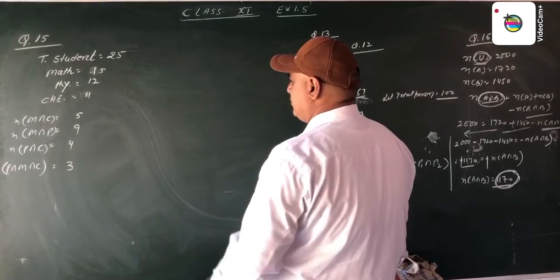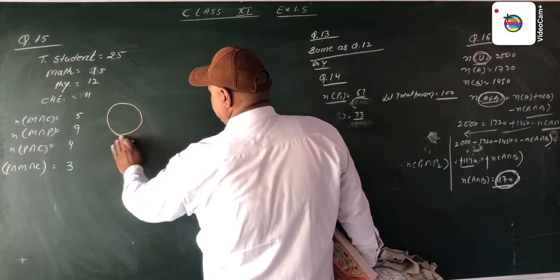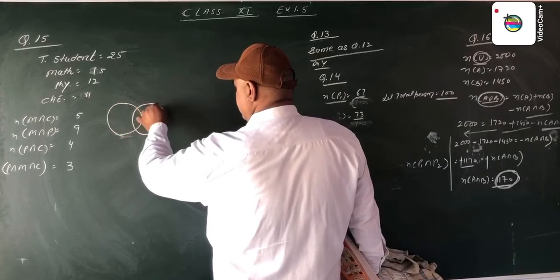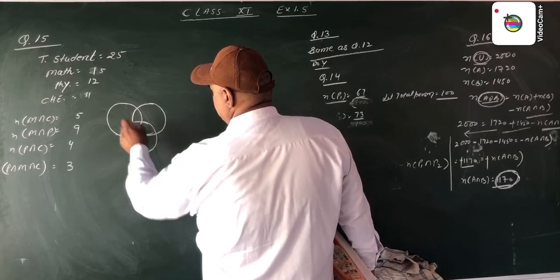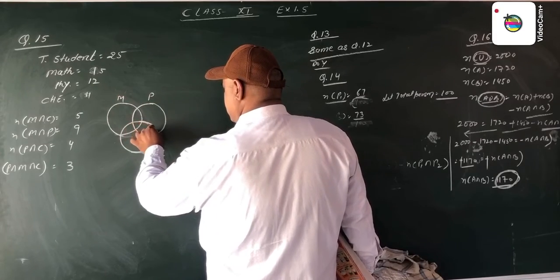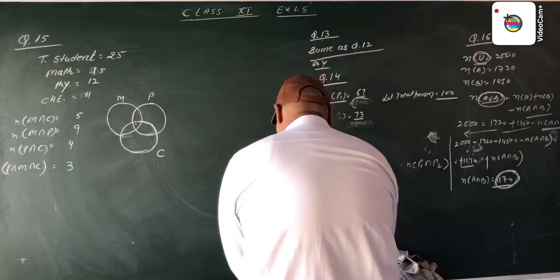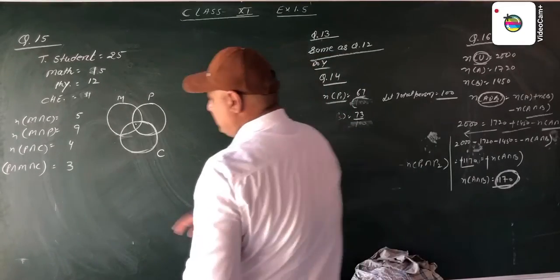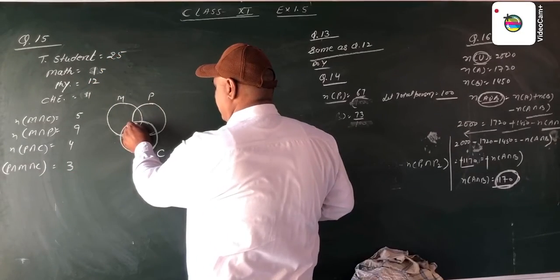Now this is also solved by Venn diagrams. These are the circles of physics, chemistry and mathematics. First we take math, physics, chemistry. This is the common area of all three circles. The common area is given as 3. Now we write 3.